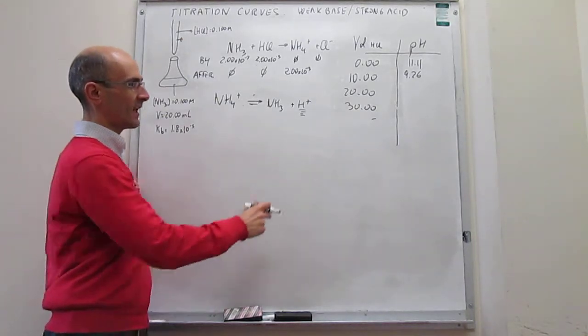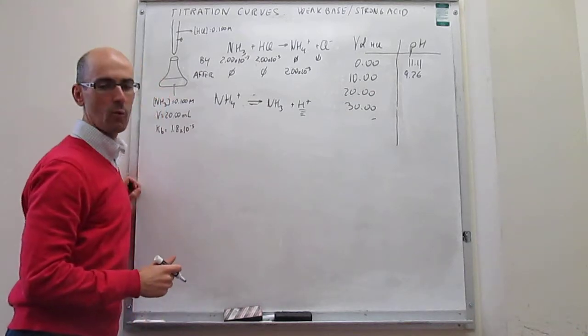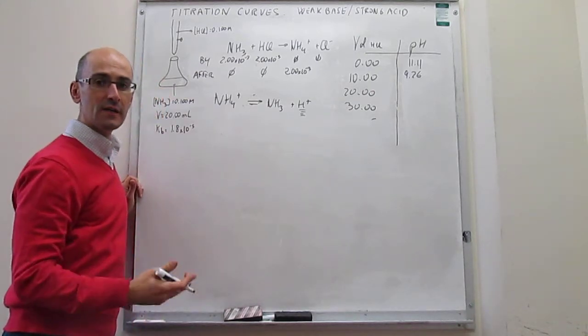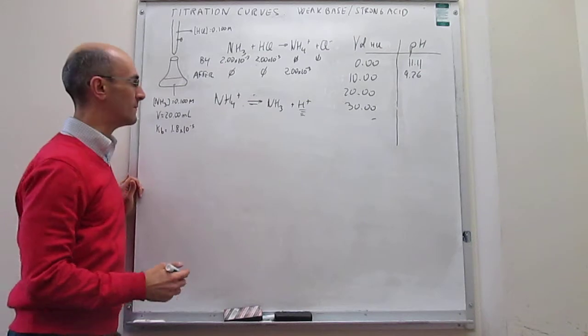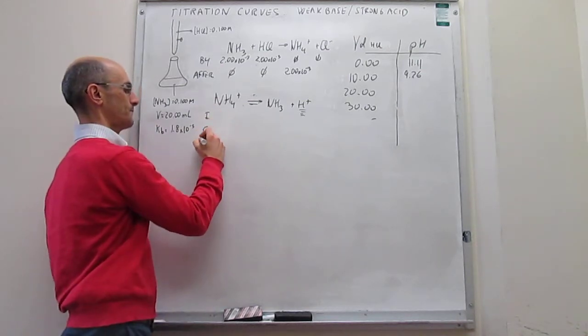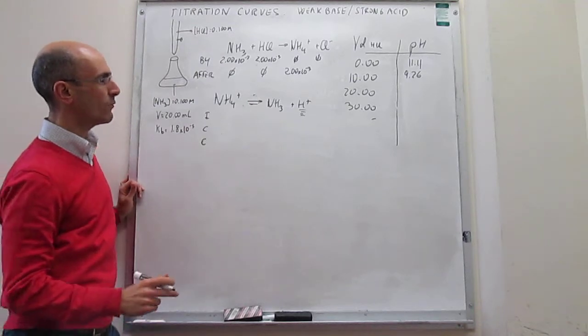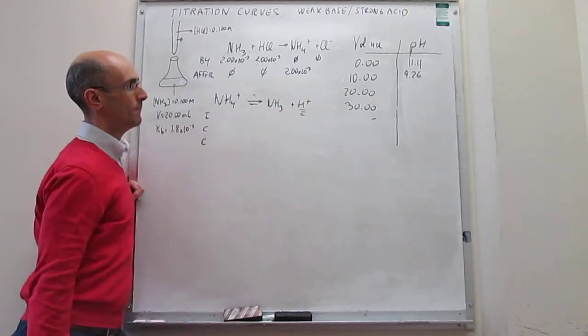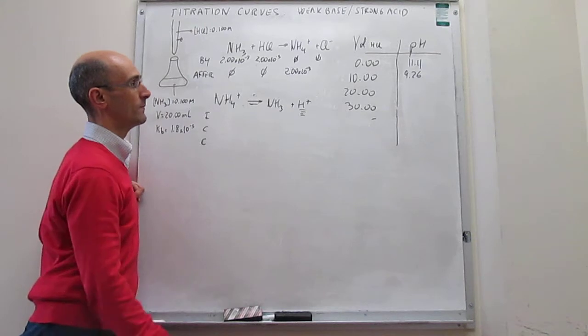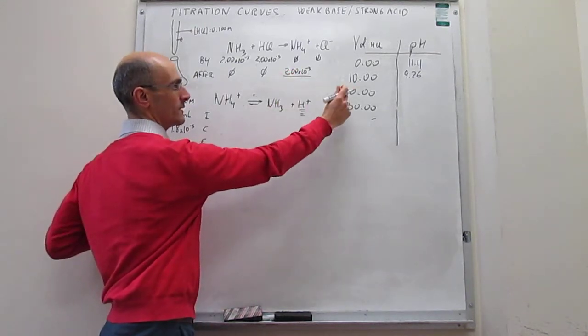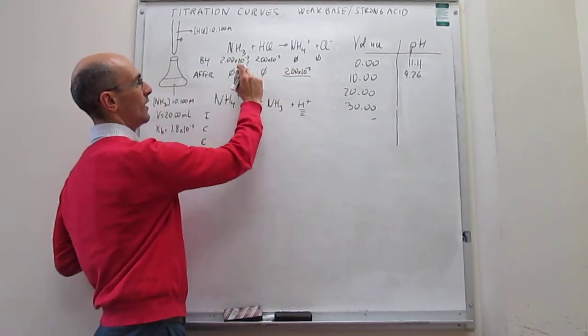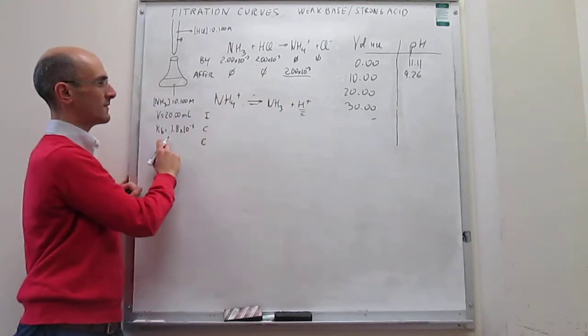To figure out exactly what the pH is at the equivalence point, we'll have to set up an ICE diagram and then calculate the pH from there. For the ICE diagram, we have 2 moles of ammonium ions, and the volume will be 20 mL of the acid and 20 mL of the base.